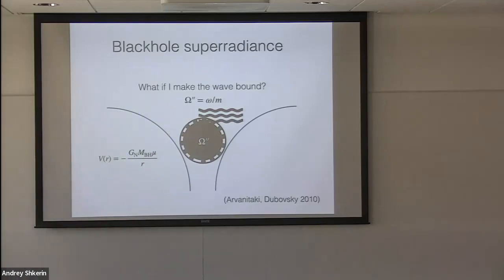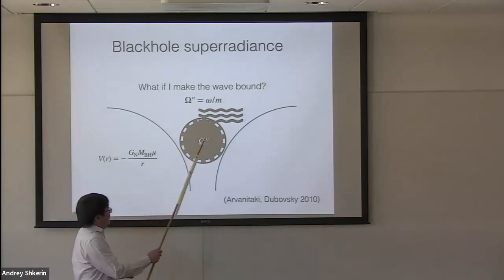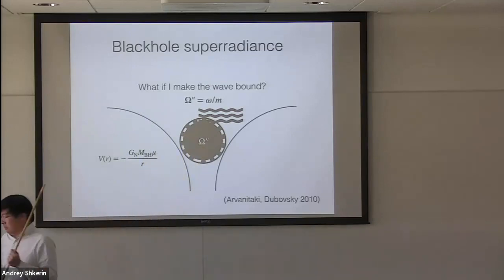And as a result, it will just keep bouncing off the black hole until it extracts almost all of the angular velocity of the black hole, to the point where the superradiance condition is no longer satisfied. Okay, so in this way, what you can get is to populate the region around the black hole with a really high amplitude bosonic wave of massive particles.